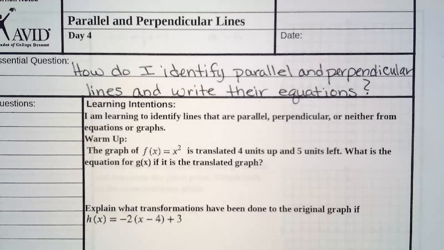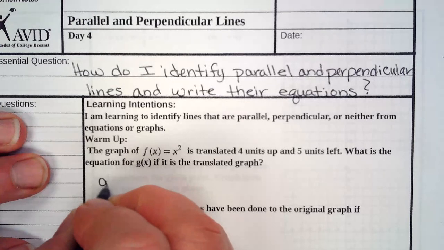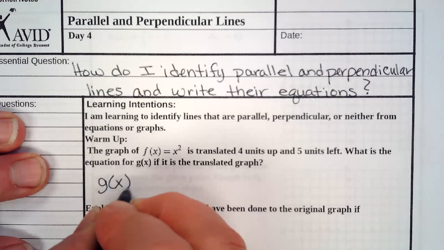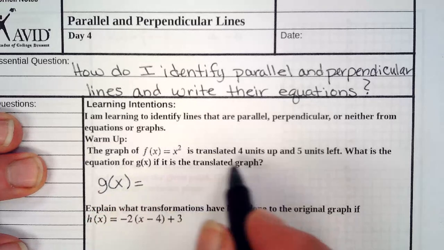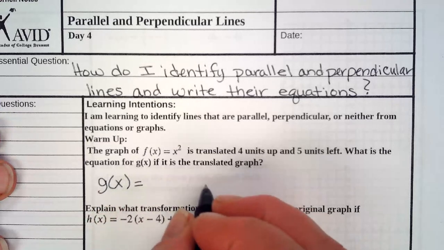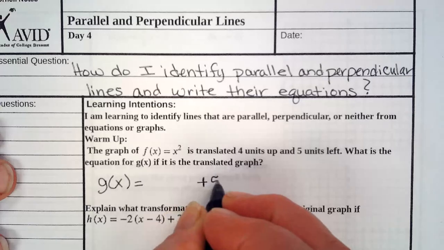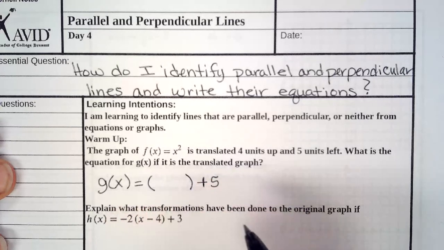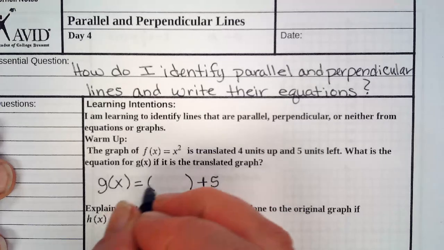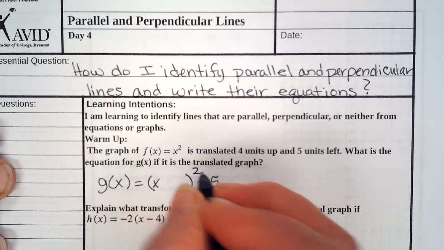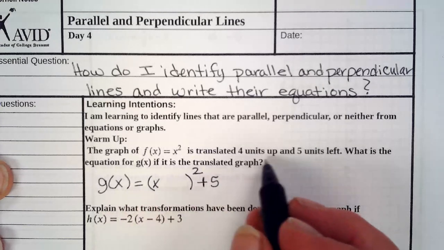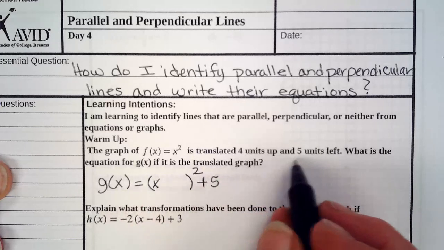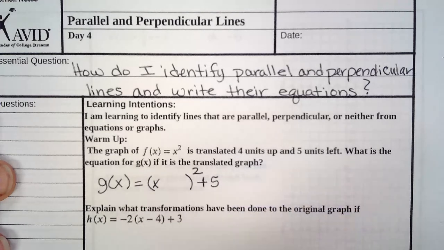Okay, let's try. g evaluated at x is equal to... to go up, that's simply a plus on the end. We know that. To go left or right, we know it's in our parentheses. It's 4 units up and 5 units left.